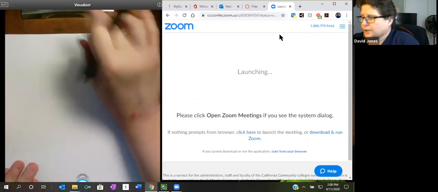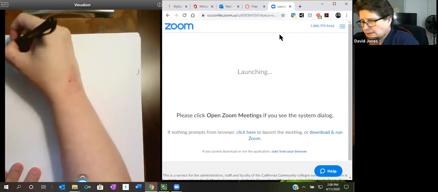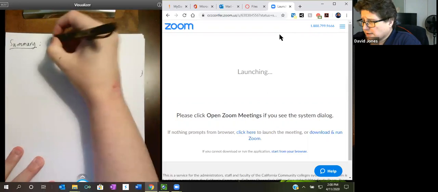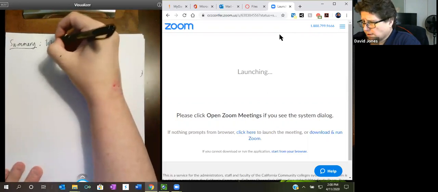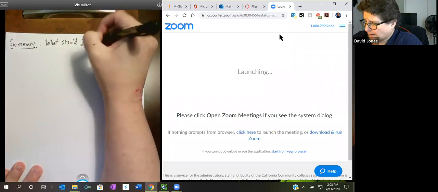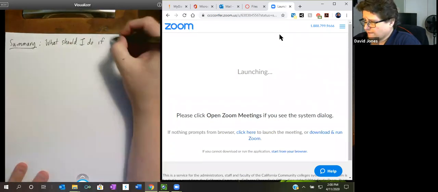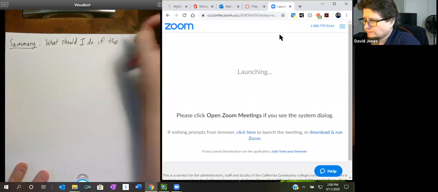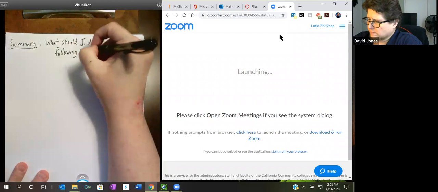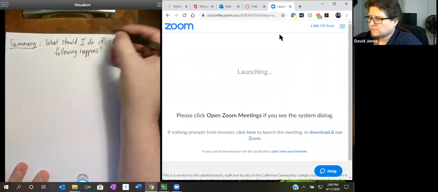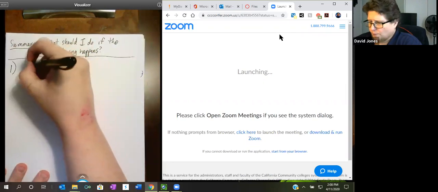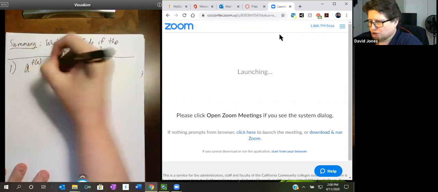What should I do if the following happens? Option 1, one side is a raised to a function equals b.